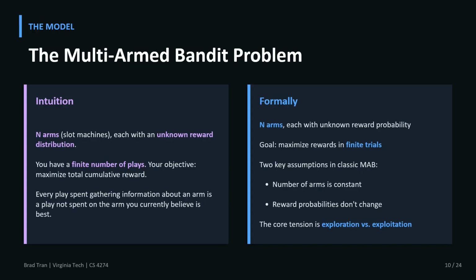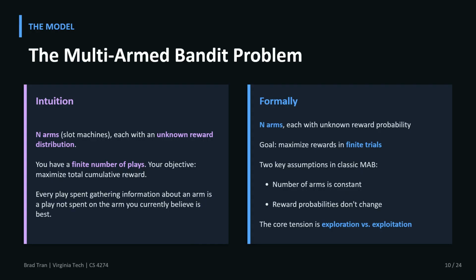Formally, the classic MAB assumes two things. The number of arms is constant, and each arm's reward probability is stationary. It doesn't change over time. Now here's the connection to fuzzing. It's natural to map each seed to an arm and each round of mutation and execution to a play.